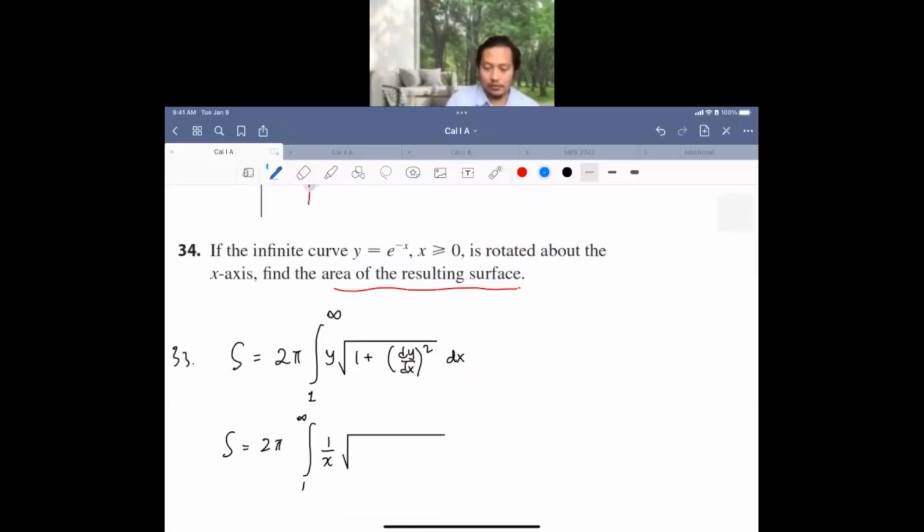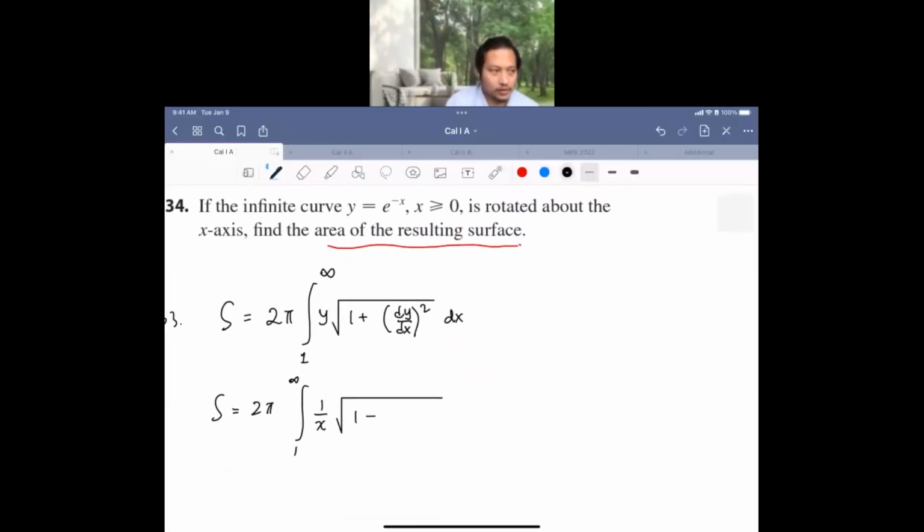Okay, and then this will become 1 over x to the power of 4. This is the x. And we simplify a bit.